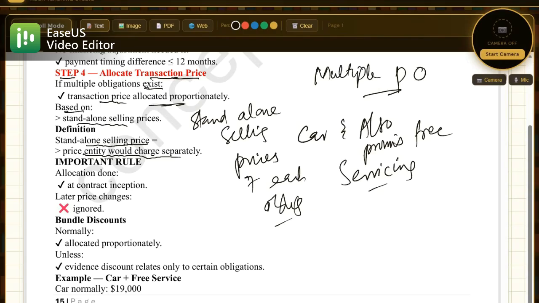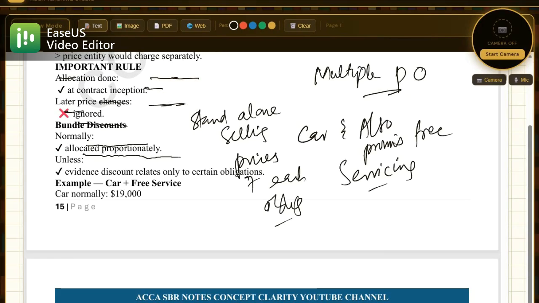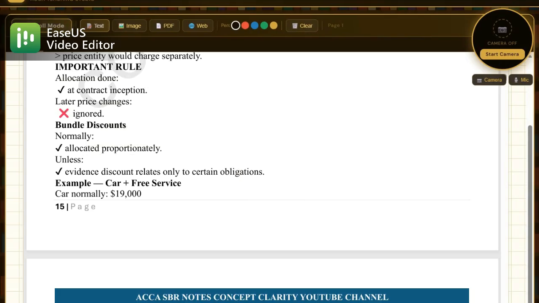Okay, we have an example here. Let's say you have a car, and normally the car sells for, let's say, 90,000.